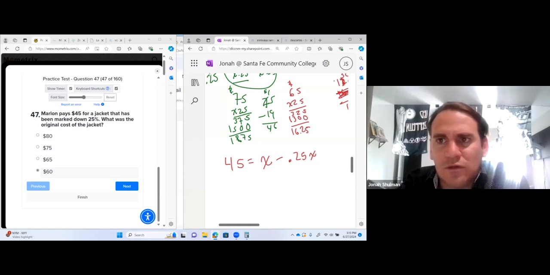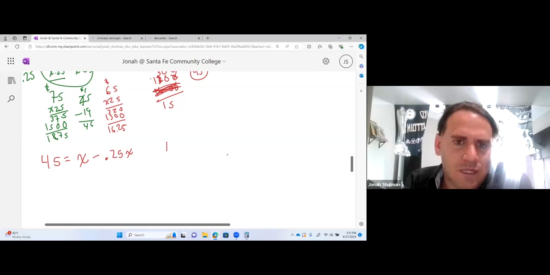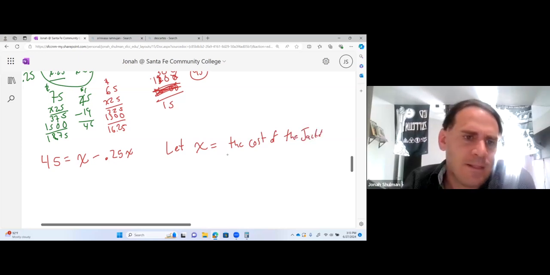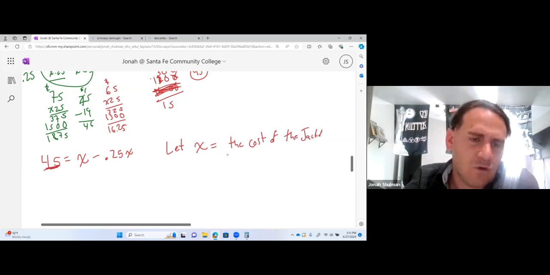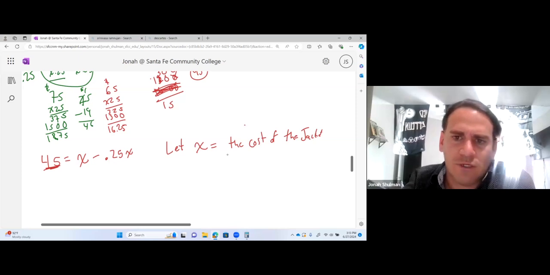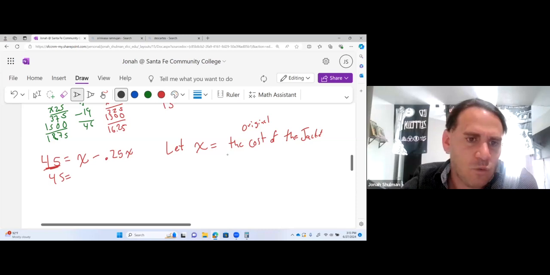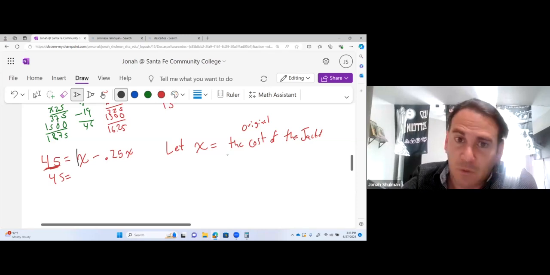We should always have a little label here. So let X equal the cost of the jacket. So what we paid, 45, equals the original cost of the jacket minus 0.25, 25% of the jacket. So 45 equals, well, when there's not a number in the front, you can think of it as just a 1. So what's 1x minus 0.25x?